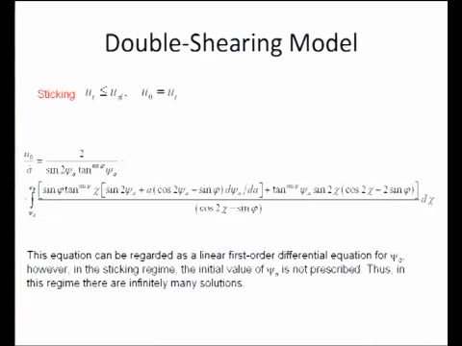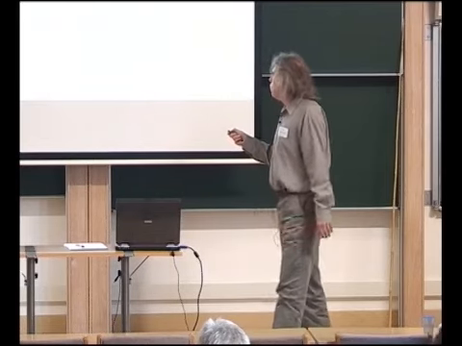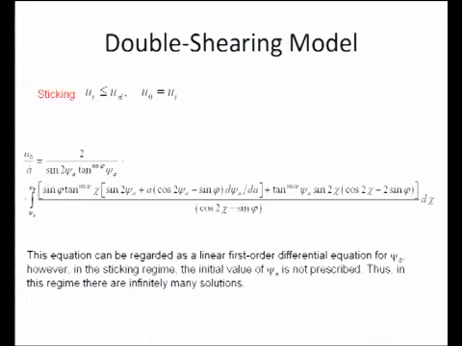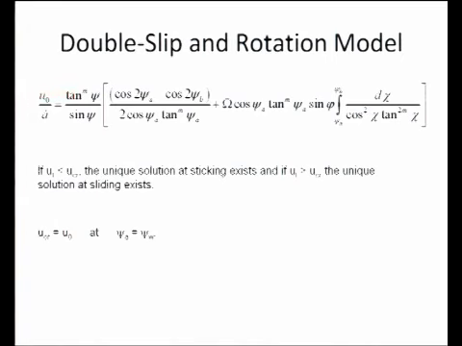If sticking occurs, then we have this equation, and it can be regarded as a linear first-order differential equation for psi a. However, the problem here is there is no initial value for psi a to solve this equation. Therefore, in this regime there are infinitely many solutions, and this is a great difference from the classical case.